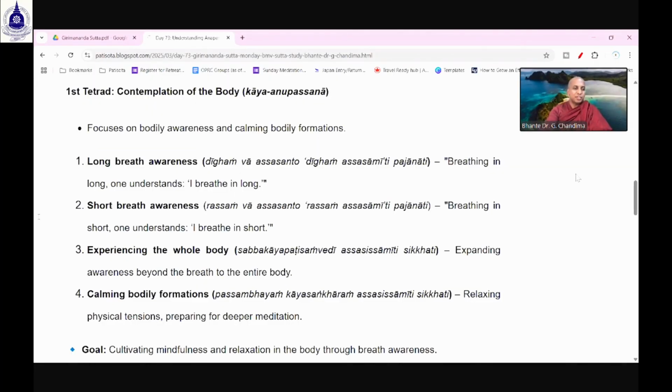Second is short breath awareness. Third is, as a consequence of the long short breath awareness, you may experience the whole body. We normally call it scan the body and then calm your bodily formations. So we have two bodily formations. We call them in breath and out breath.